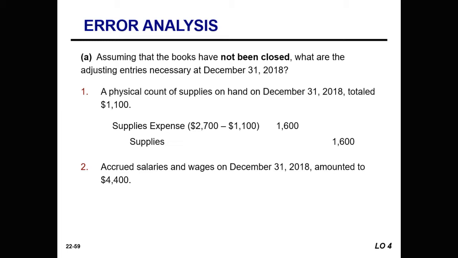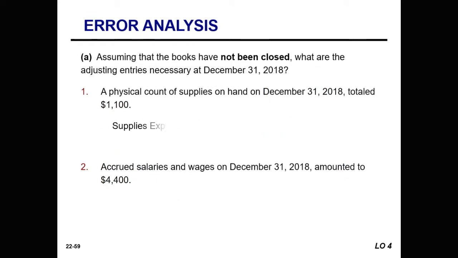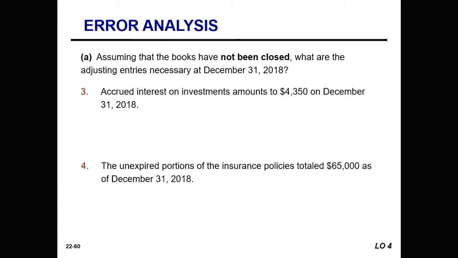There is accrued salaries and wages on December 31st, 2018 in the amount of $4,400. We need to recognize salaries and wages expense, $2,900. Mind you, coming back, there's $1,500 in there. That's why it's $2,900. And then salaries and wages payable of $2,900.